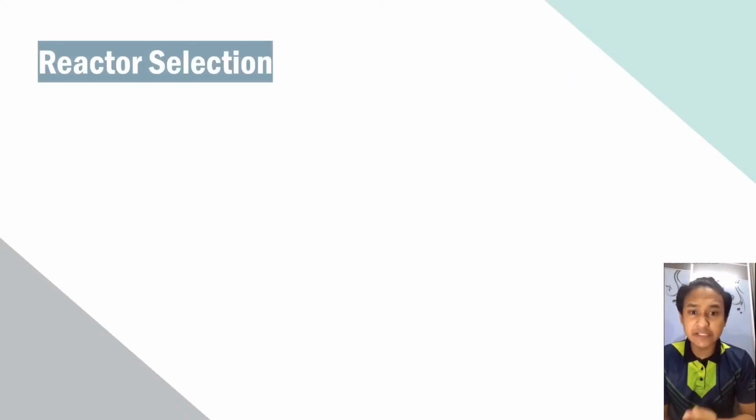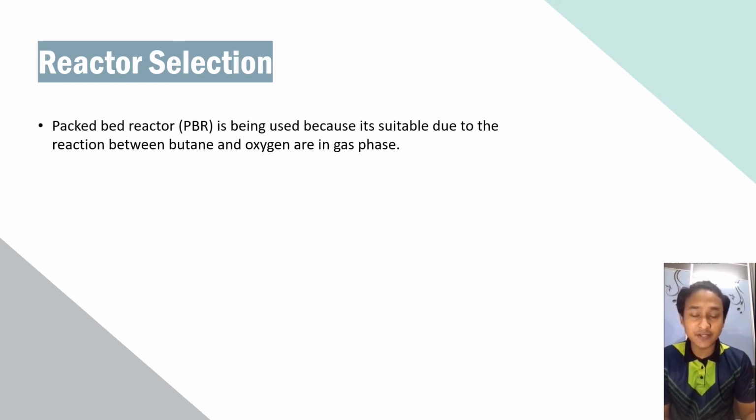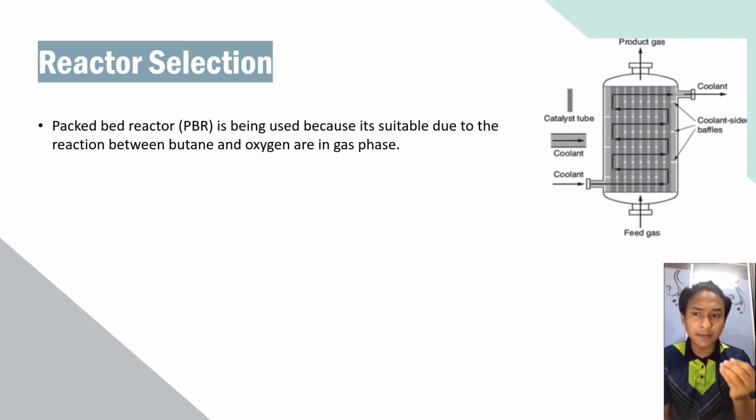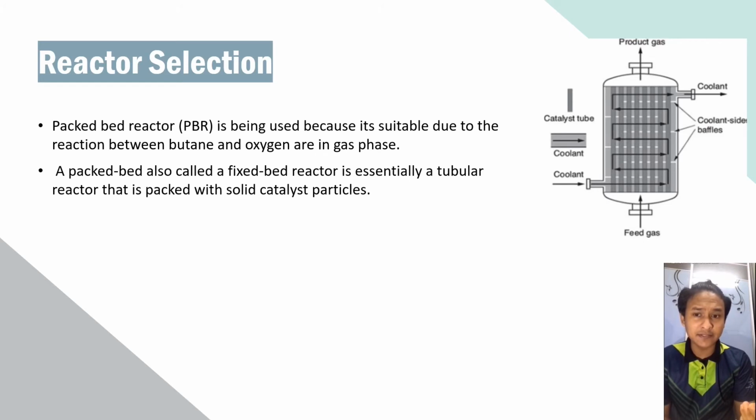So for the chemical engineering reaction part, in our production of maleic anhydride, a packed bed reactor, PBR, is being used because it is suitable for the reaction between butane and oxygen, which are in gas phase. A packed bed, also called a fixed bed reactor, is essentially a tubular reactor that is packed with solid catalyst particles.